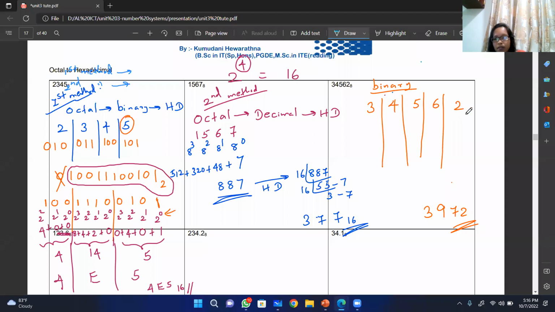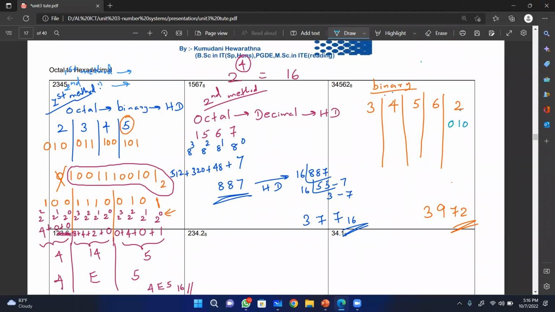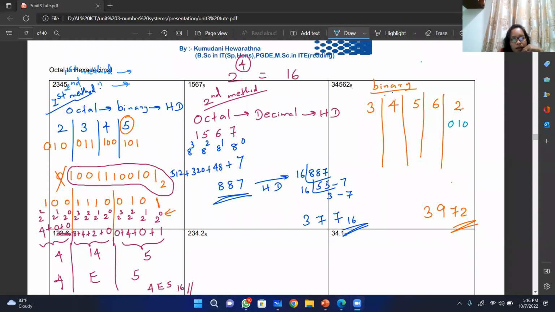Abhishek, can you tell me the binary value for 2? 010. Yes. Next one, Dilumi, are you there? 6.